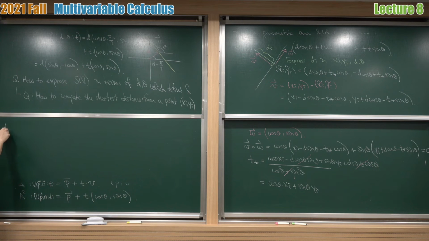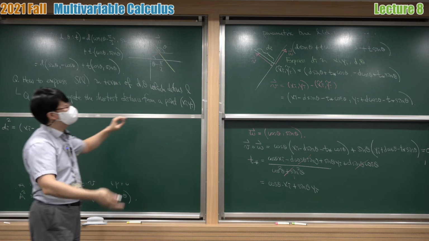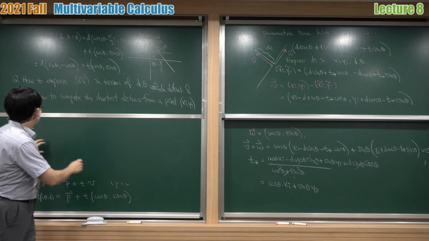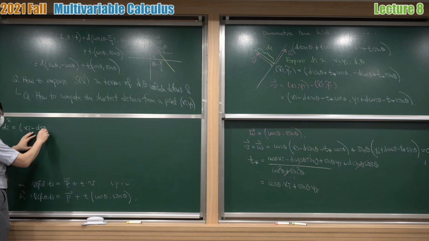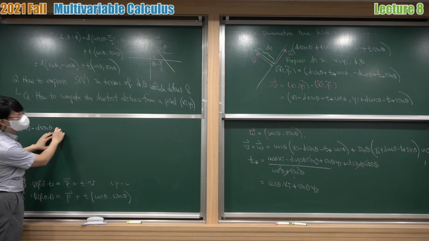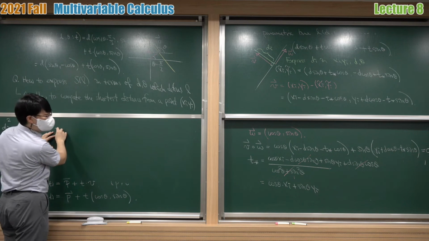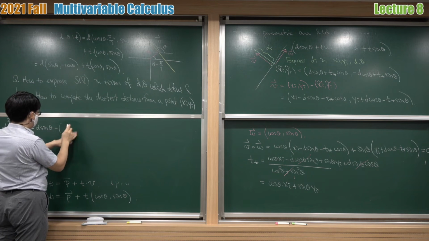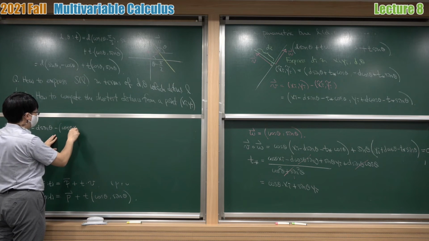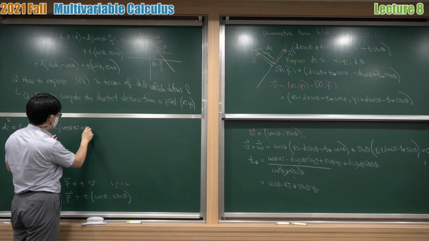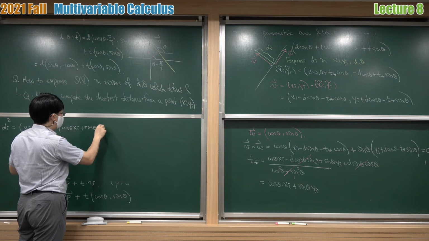So di, let's take the square, that's better. First of all, let's take xi minus xi tilde. Xi tilde is defined to be d sine theta minus t star, which is cosine theta xi plus sine theta yi.